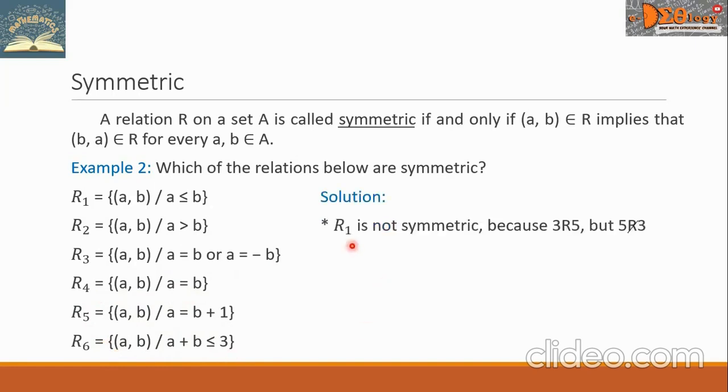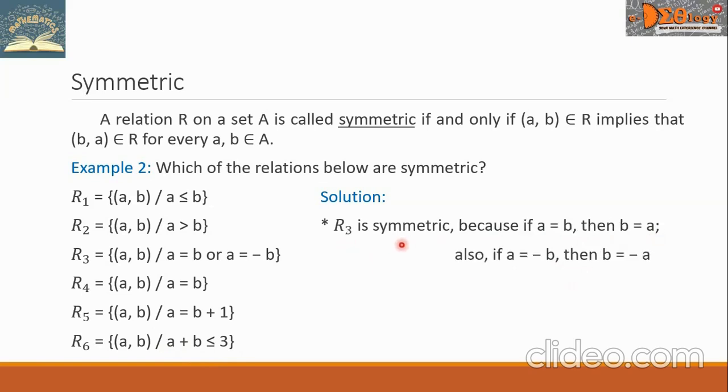First, relation 1 is not symmetric because one example is here: 3 is related to 5, but 5 is not related to 3. Next, relation 2 is not symmetric because when a is related to b, b is not related to a.